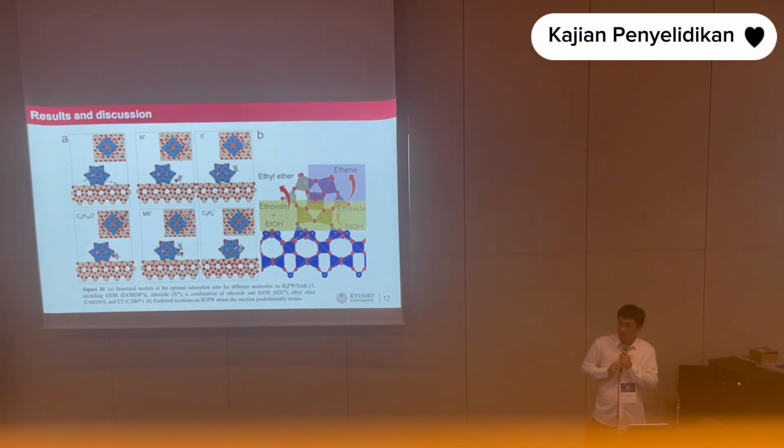So based on this, we did some DFT calculations based on CP2K. Because HPW has three very strong acid sites with three hydrogen atoms, we put them in different areas, as you can see in figure A first. The three different hydrogen atoms are put in different areas from the outer edge to the interface. We calculated the different positions to adsorb ethanol, and also ethylene and ethylene oxide.